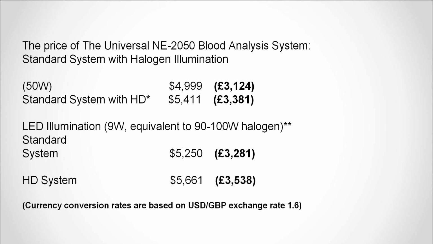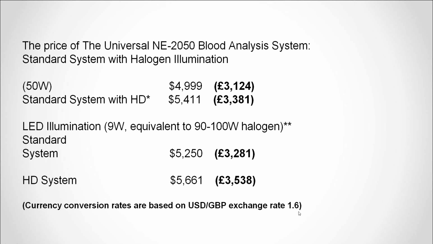Okay, thank you. Now that's based on a currency rate of US dollar to GB pound at 1.6, so it would actually be a little bit cheaper than that now because we have to base it on 1.65. And also, Dr. Ocker, is that the price including shipping? Yes, actually that does include shipping.